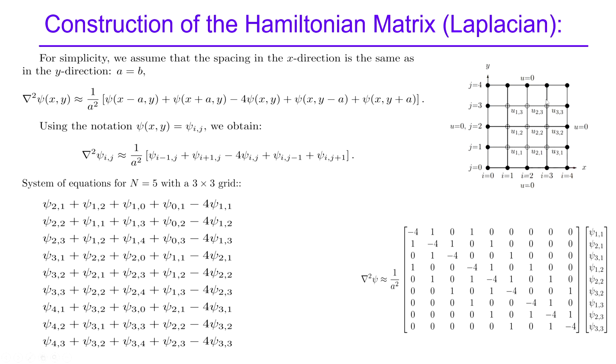And we have 9 internal nodes, and with this linear system of equations, it's 9 equations, and we have a 9 by 9 matrix, right?